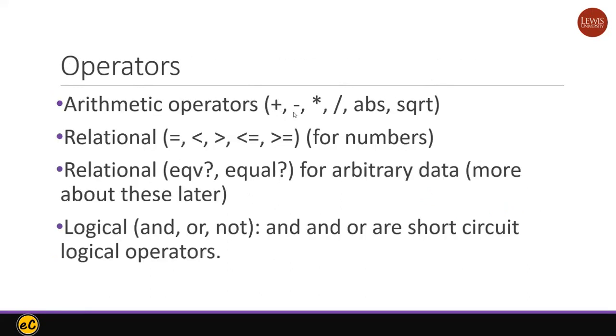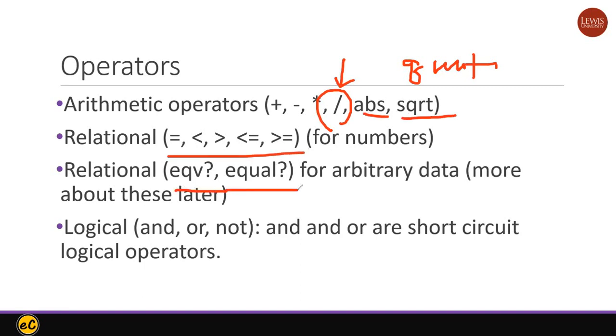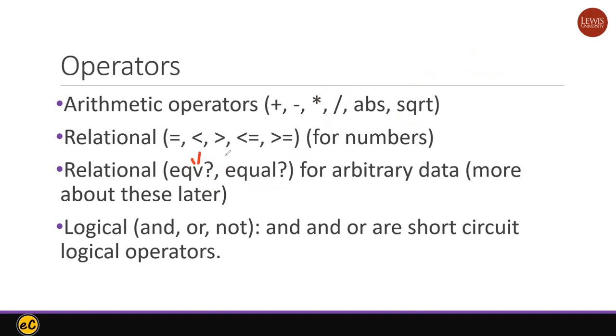And then there are the operators: plus, minus, divide. This divide is real division, so you get a fraction. Integer division is called quotient. We talked about it already. Also abs, square root. Comparison: equals and eq. This one is equal in value and equal in data type. Later you would check equivalent and equal; these are two operators and they are different.